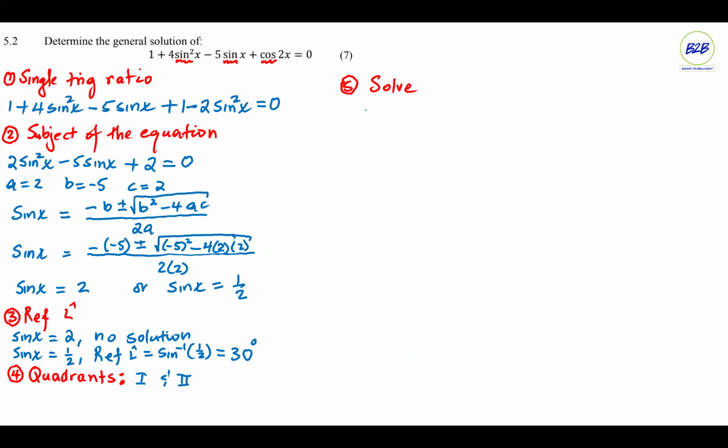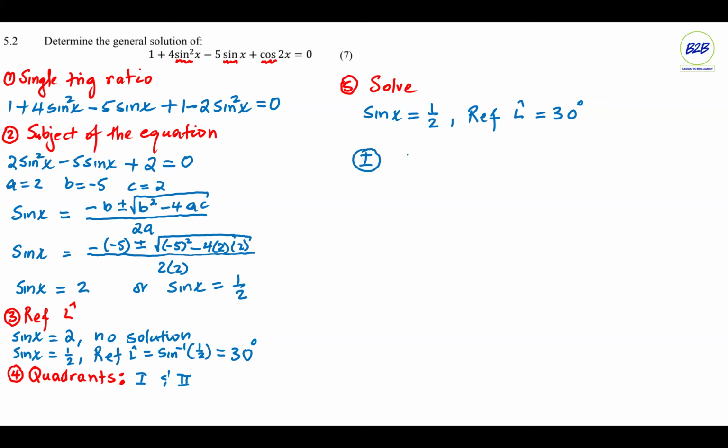So we will continue to solve what we refer to as sine x equal to half, because that is the equation that has a solution. The other one, sine x equal to 2, gave us no solution. So we'll say sine x is equal to half, where the reference angle is equal to 30 degrees. We will first look at the first quadrant.